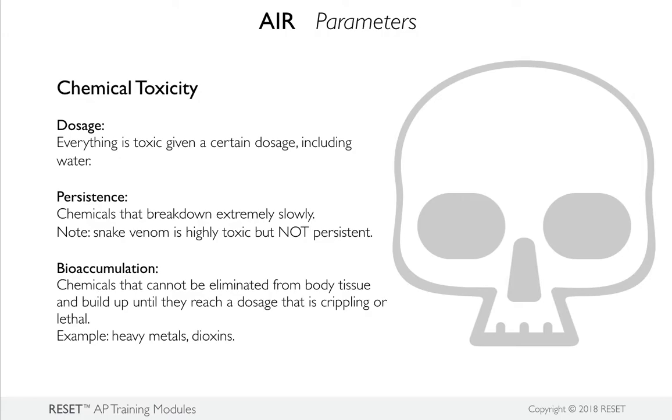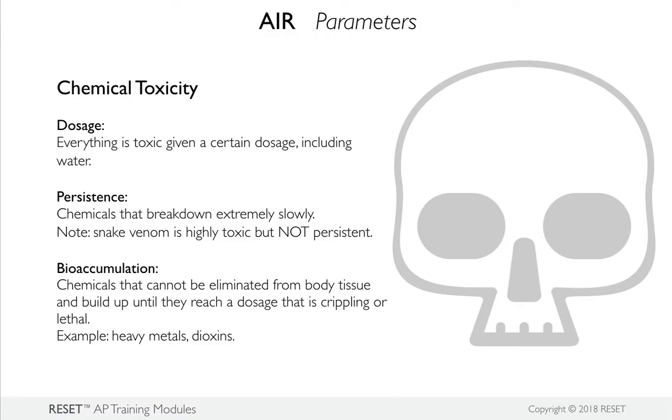Persistence is something that we do need to be concerned with, but it is also contextual. There are chemicals that break down extremely slowly that we have created, and in fact so slowly that they persist maybe over our lifetime, our children's lifetime, and our children's children's lifetime.